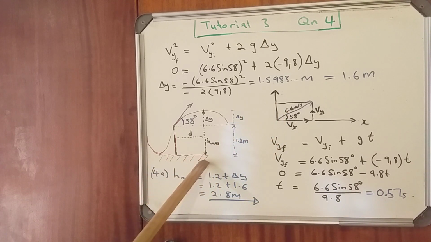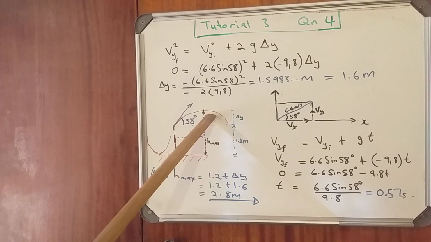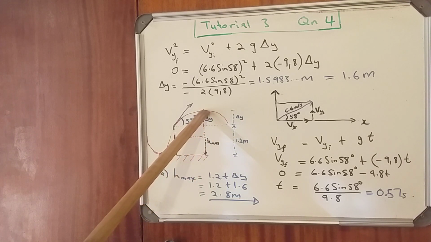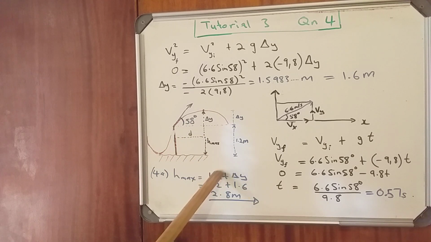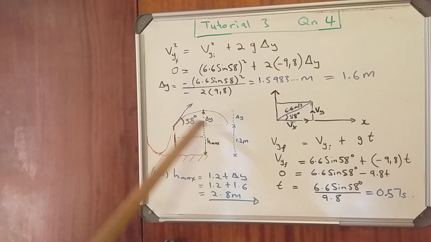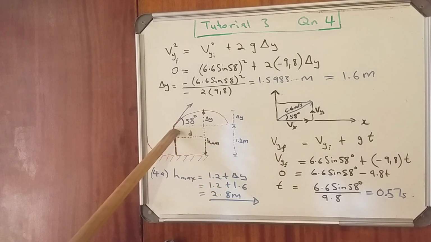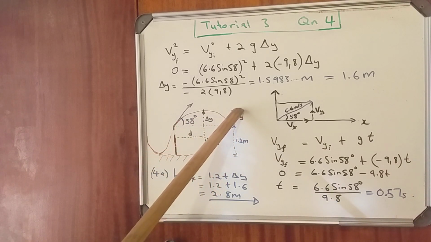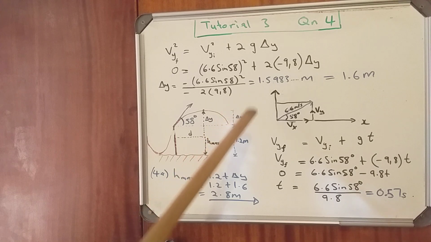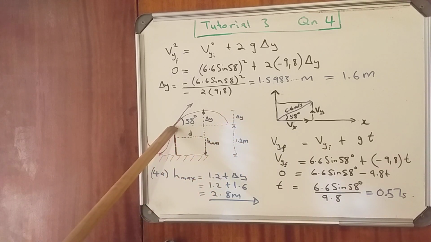This is our ground. The maximum height above ground at that point is 1.2, which is the height of the edge of the ramp above ground, plus this height which was reached from the initial shoot out. So h max is equal to 1.2 plus 1.6 meters, which is equal to 2.8 meters.